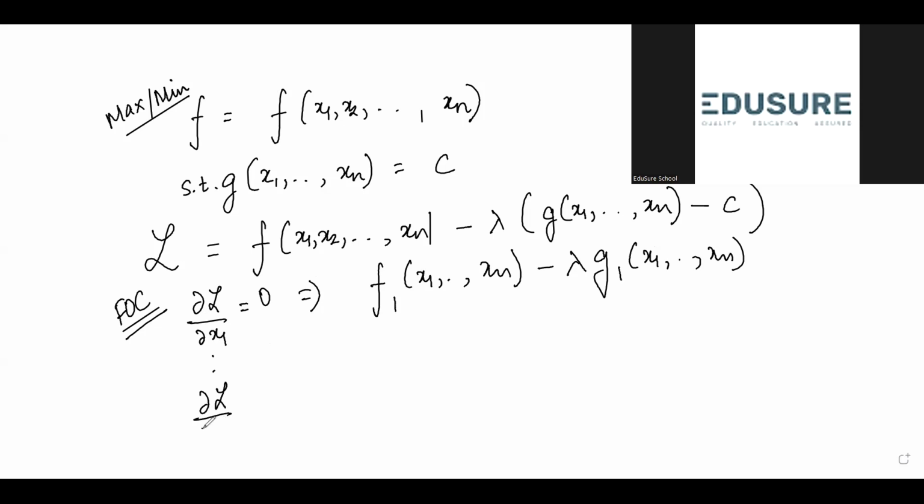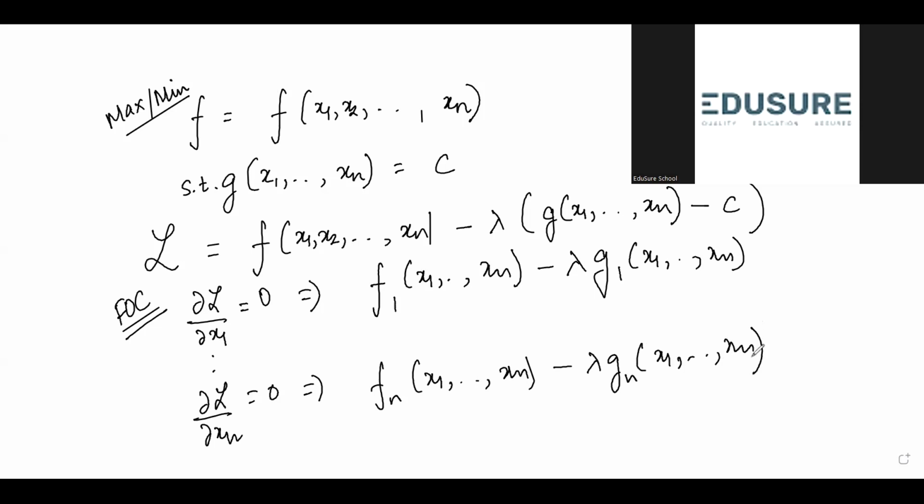Similarly, the nth one gives us the corresponding condition, where obviously fi is nothing but del f del xi, and gi is nothing but del g del xi.